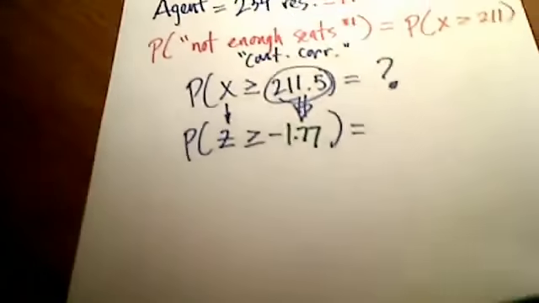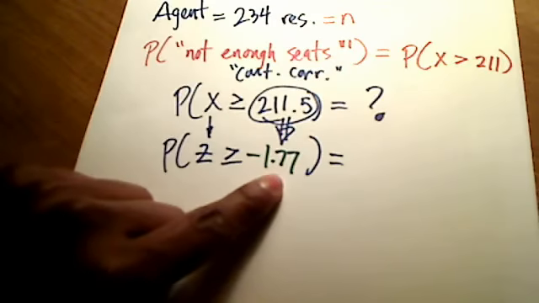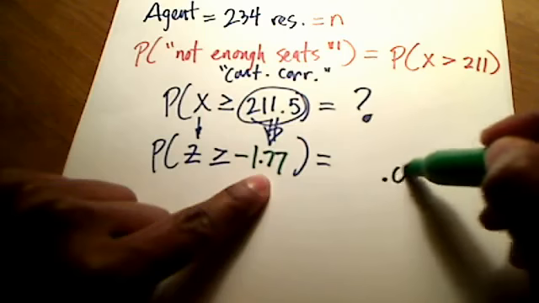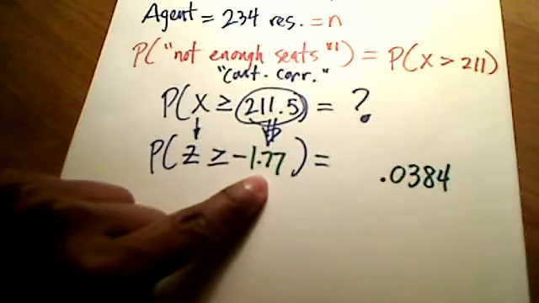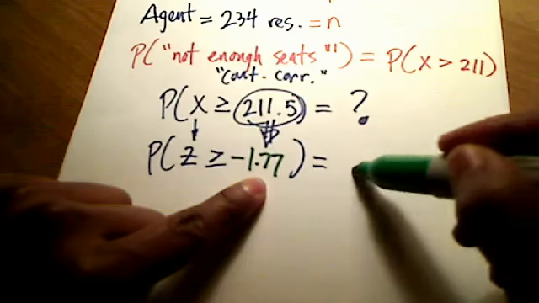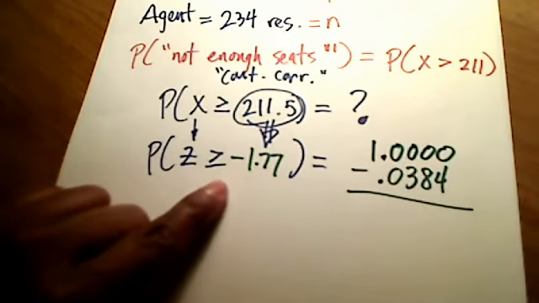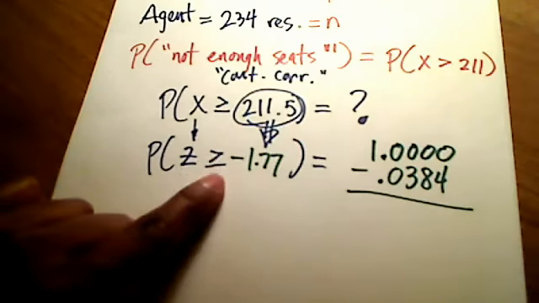I've shown this on another video as well. What I'm going to do now is look up negative 1.77 in my normal table. If you do that, you'll see that you get a value of 0.0384. Now that's not the answer. What I need to do is subtract that from 1. Why do I want the complement? Well, this says greater than, which means shading to the right.